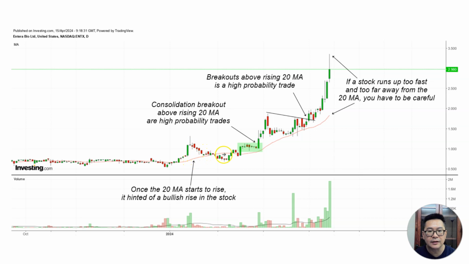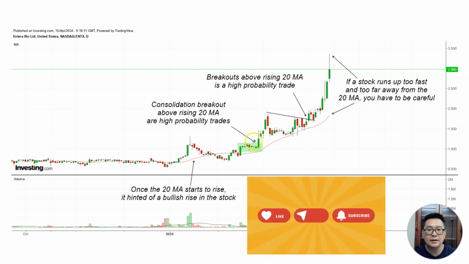Although there was a decline, you can see that the 20 MA started to rise, and this gave us hints that the stock wants to go up. And then this consolidation and breakout of the sideways trading range near the rising 20 MA, boom, it goes up.